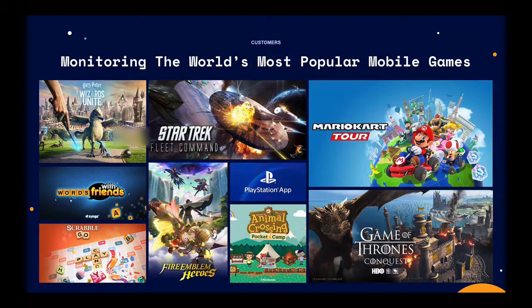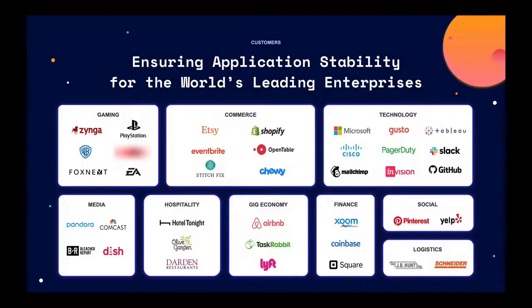And here are some of the games that you may have heard of, that you may have on your phone right now, that we are the mobile stability experts on. We are installed in these games. And outside of gaming, we also have a pretty large customer base as well. We're used across tiny little apps for hobbyists all the way up to Fortune 100 companies across the board, trying to solve and address the same problem.